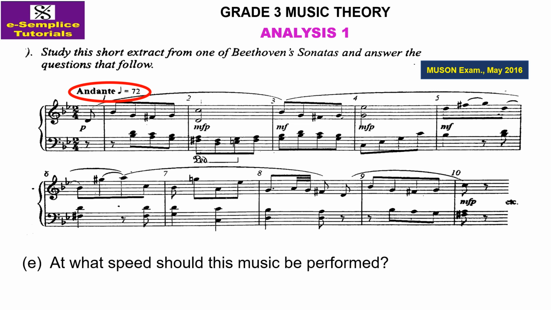Andante means at a moderate speed. The metronome mark shows that 72 crotchets per minute is actually a moderate speed. So our answer is at a moderate speed.